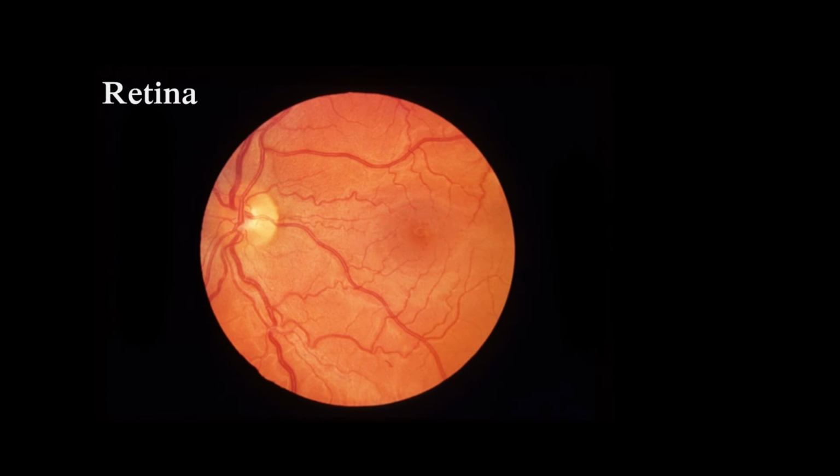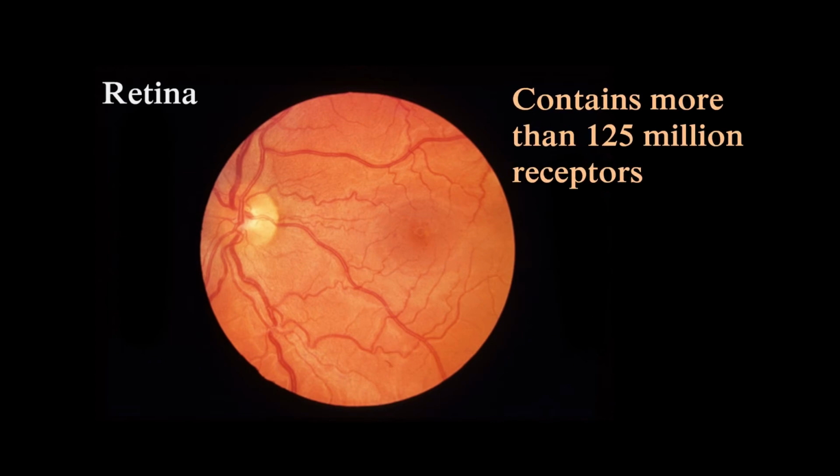Retina. It is the screen on which the image is formed by the eye lens. Retina contains a large number of nerve fibers and blood vessels and acts as a light sensitive screen to receive the images. The retina contains more than 125 million receptors.